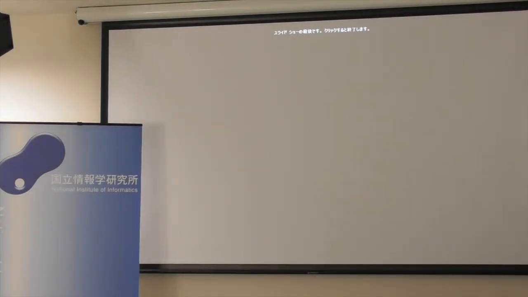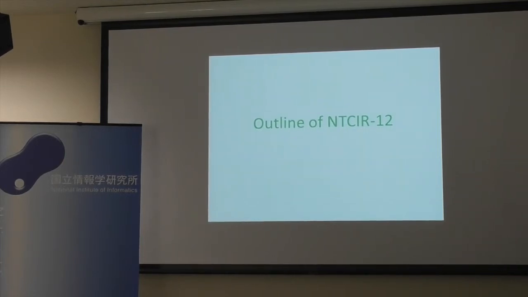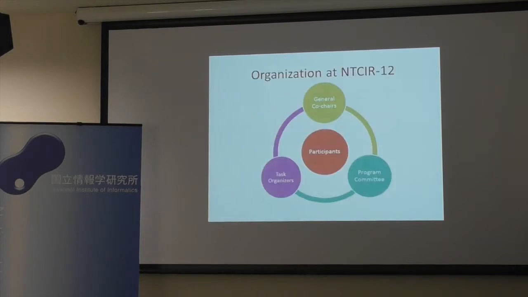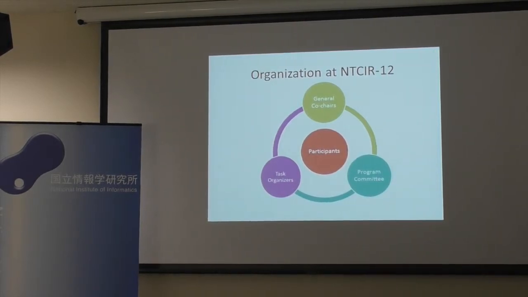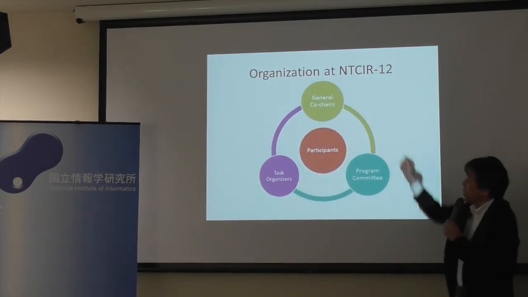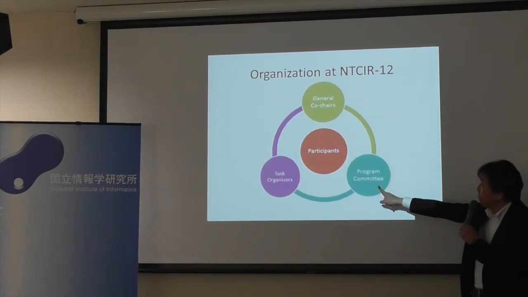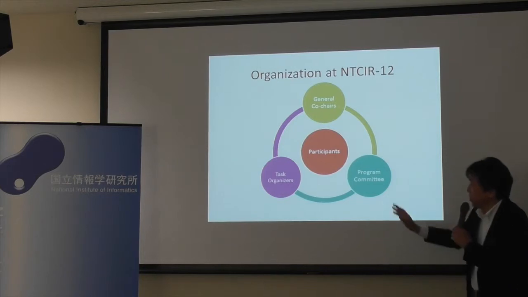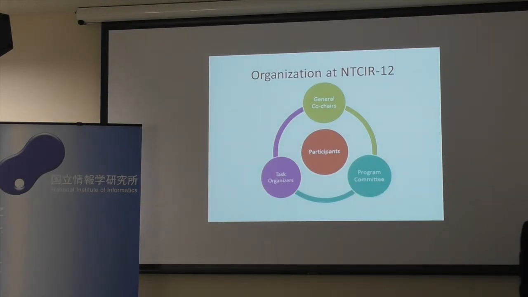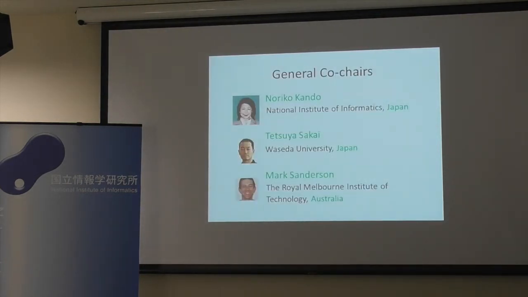Thank you. Next, I will talk about the outline of NTCIR-12. This is the organization of NTCIR-12. These are the general co-chairs, the program committee and task organizers, and in the center are the participants. These are the general co-chairs, and Mark is not here.